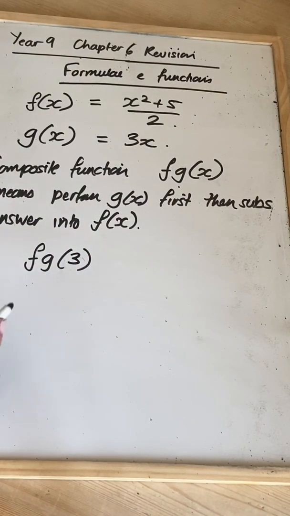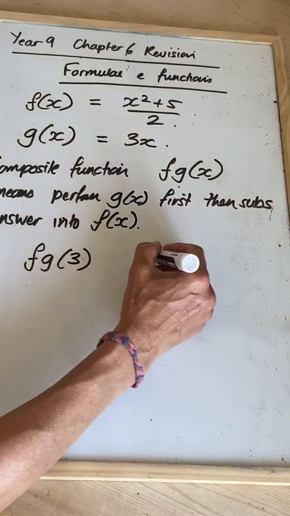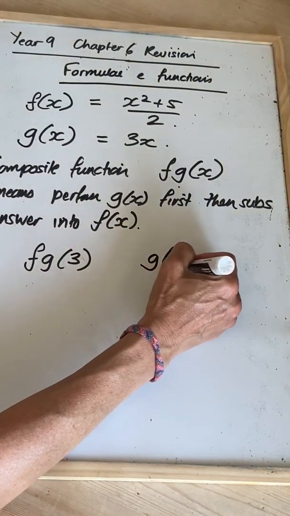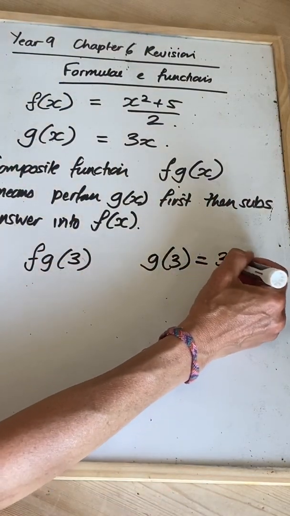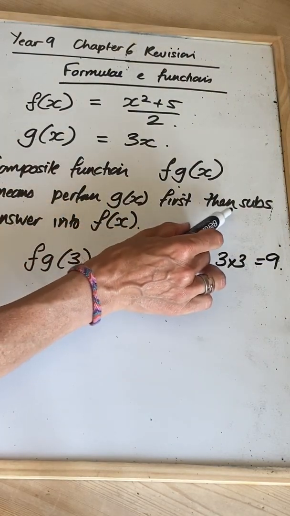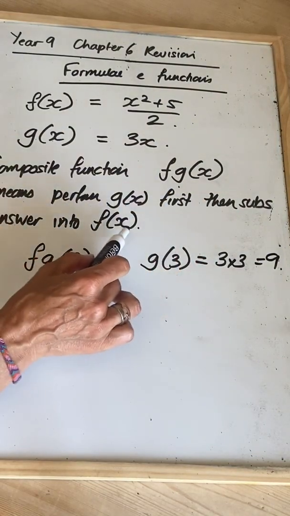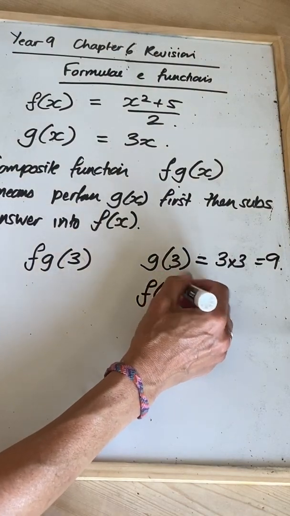Okay, so my process is perform g of x first. So g of 3, g of x is a 3x function, so that means 3 times 3, which is 9. Then substitute my answer into f of x. So I want f of 9.